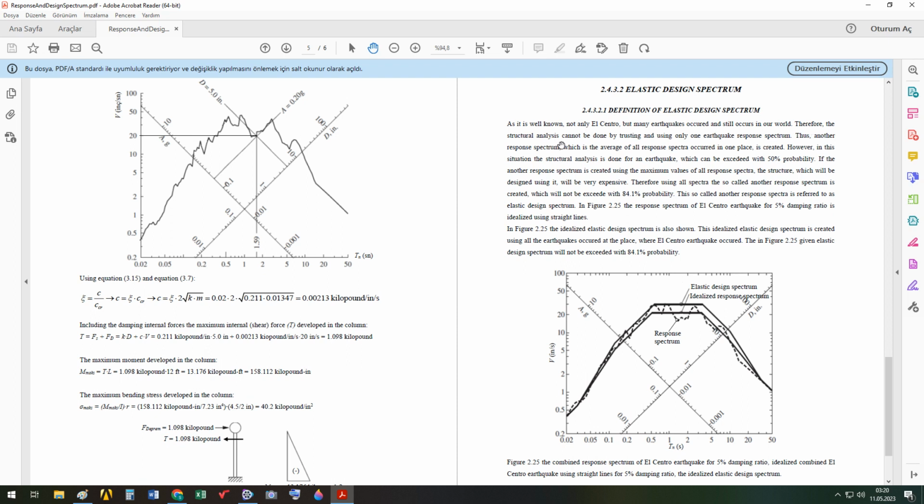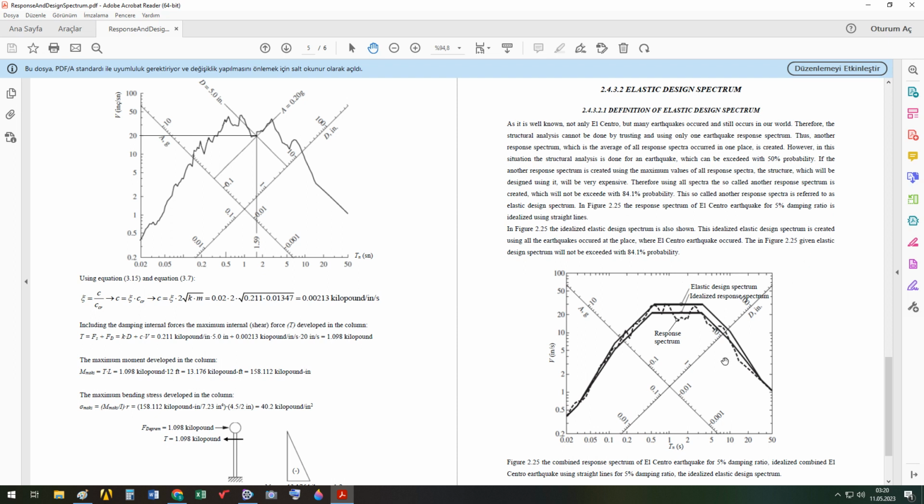Therefore, the structural analysis cannot be done by trusting and using only one earthquake response spectrum. Thus, another response spectrum, which is the average of all response spectra occurred in one place, is created. However, in this situation, the structural analysis is done for an earthquake which can be exceeded with 50% probability.